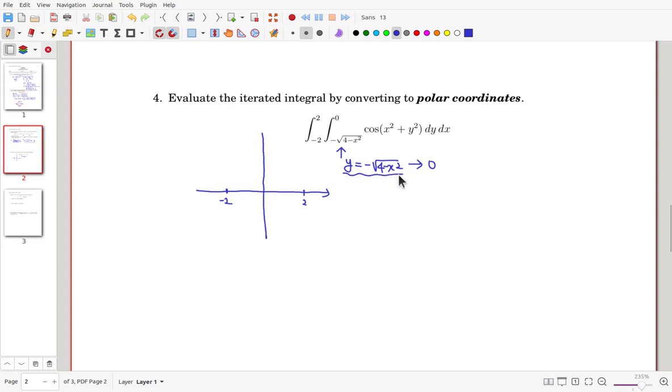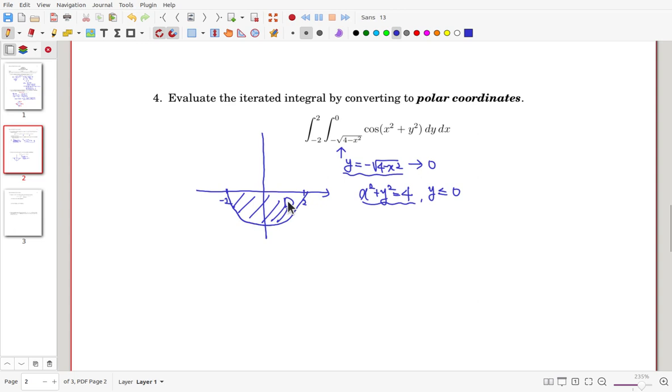This portion is the same as, now squaring, we have x squared plus y squared equal 4. Of course, here y must be non-positive. So the region must be this one. Here, the circle of radius 2 and only the lower part.